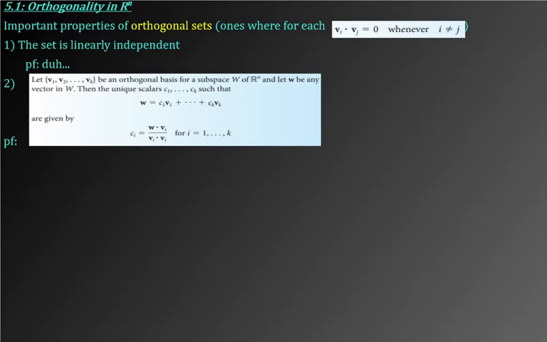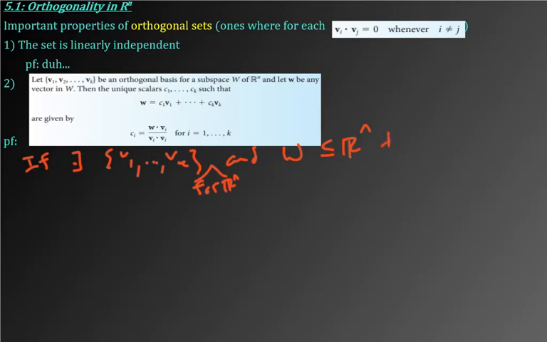So to prove this, first off, if there exists this basis v1 through vk for the subspace W, which is contained in Rn, then just by our definition of a basis, w has to equal some linear combination of those vectors.